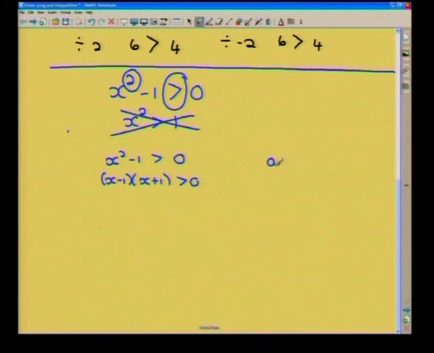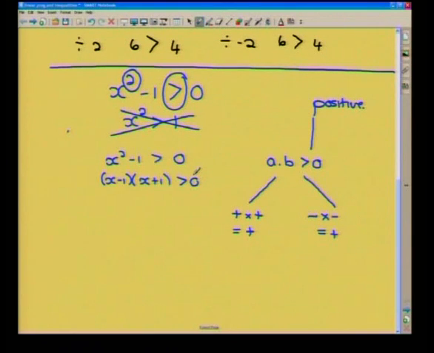Now, if I've got two things multiplied together and they're greater than 0, there are two possibilities here. The one possibility is a plus times a plus, and the other possibility is a minus times a minus. Either way, my answer would end up positive. And you agree with me, greater than 0 actually means positive. So I'm saying that these two things multiplied together must give me greater than 0.